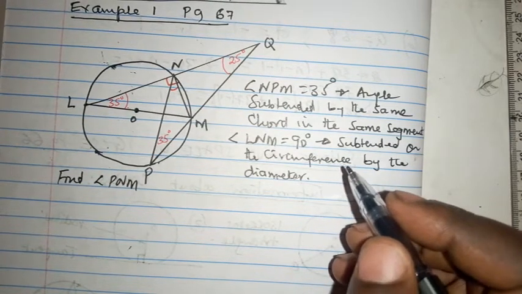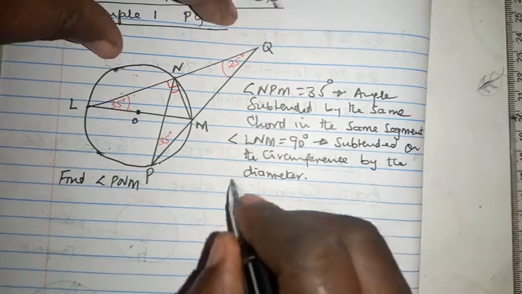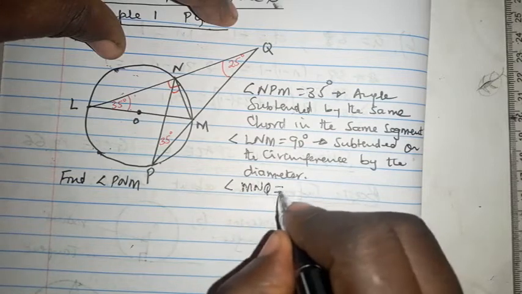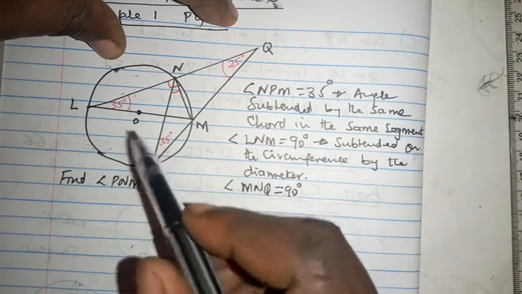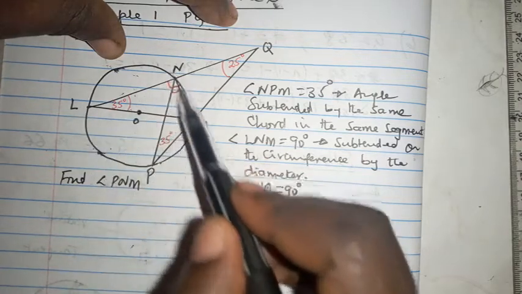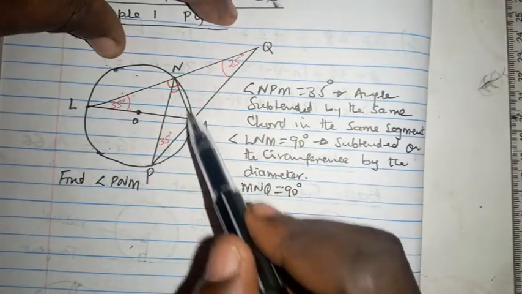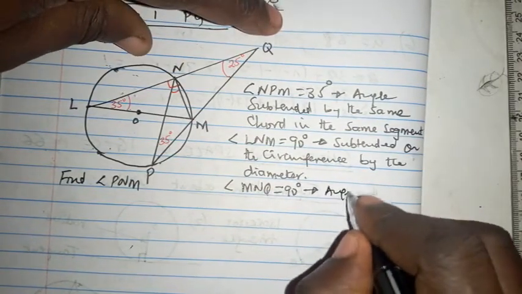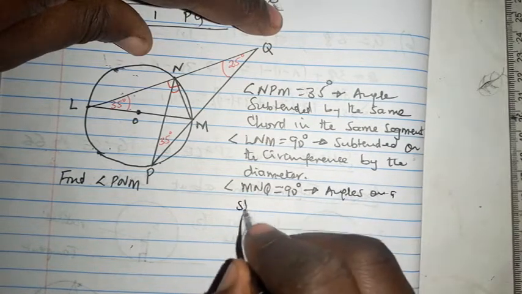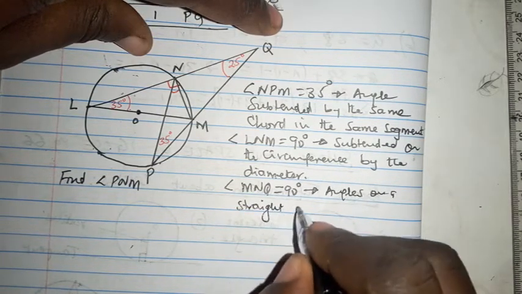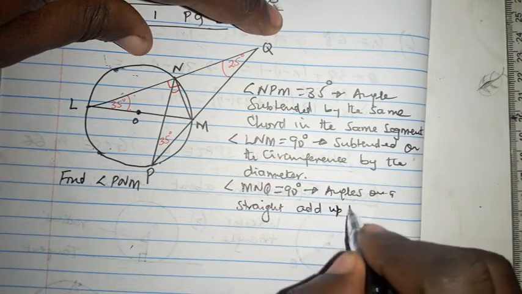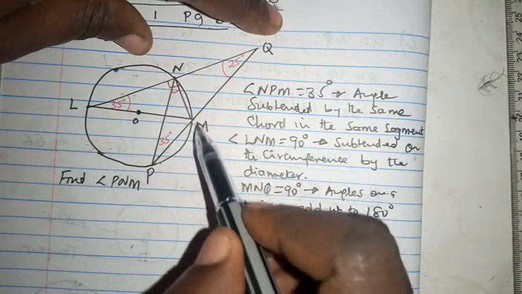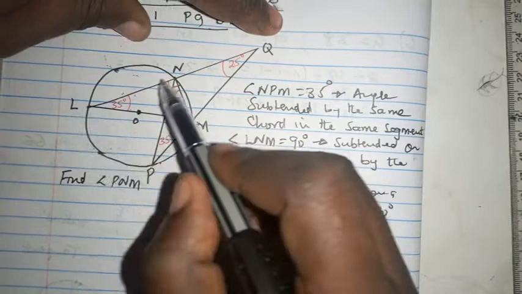And that means also the angle MNQ is also 90 degrees, because if the angle LNM is 90, then it follows that MNQ is also 90 degrees due to the fact that angles on a straight line add up to 180 degrees, because the angles LNM and MNQ make a straight line LQ.